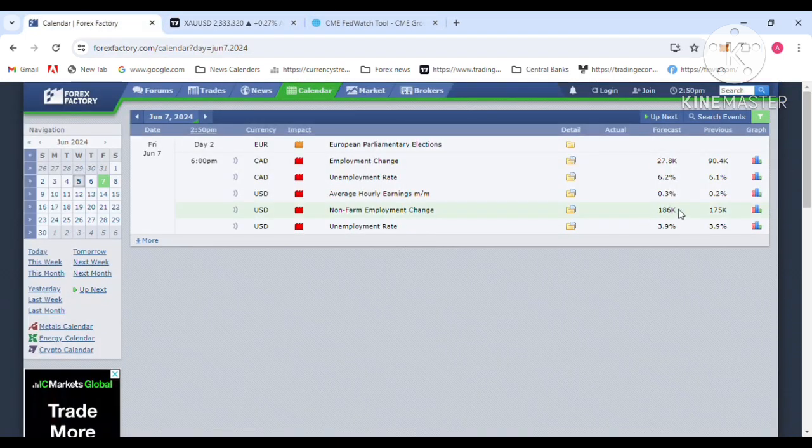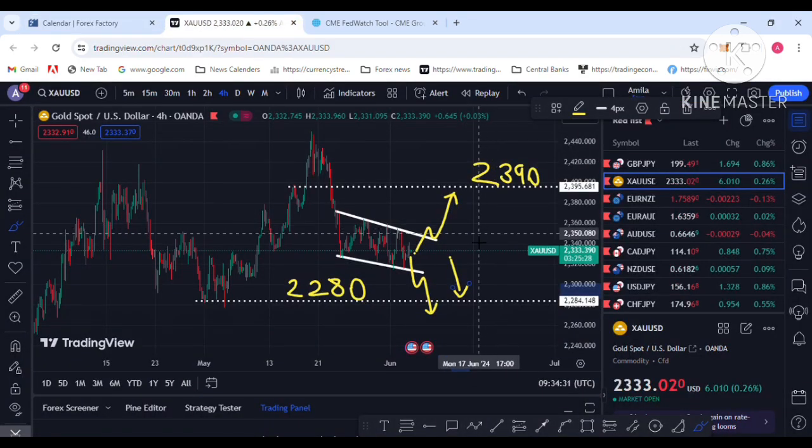The other side is the NFP data with a 185k forecast. If it doesn't increase to 185 or drops from 175, and the unemployment rate increases to 4% or above, and average hourly earnings do not increase, that is not positive for the US dollar, and the effect is gold pushing to the upside.